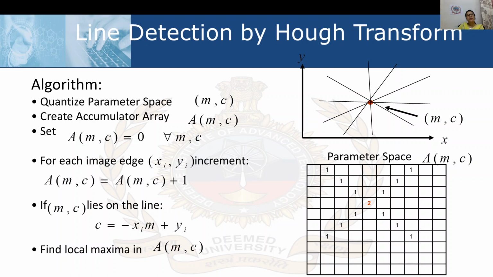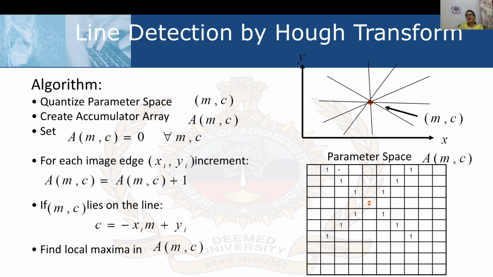Once we calculate it, if (m, c) lies on that particular line, we increment that particular A(m, c) location.